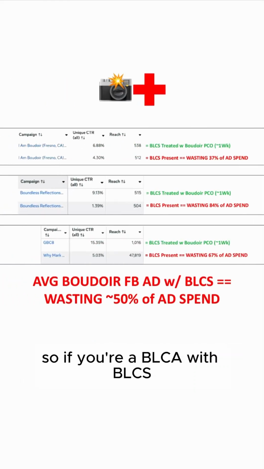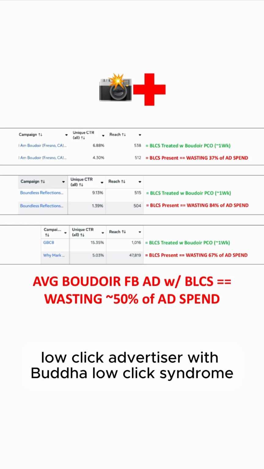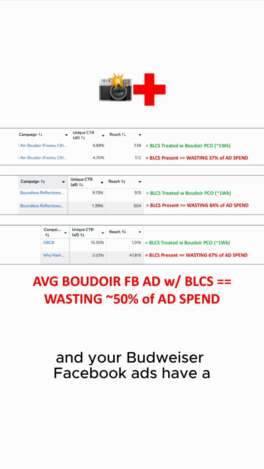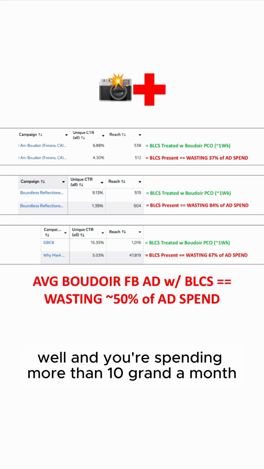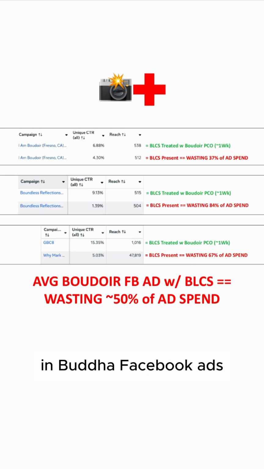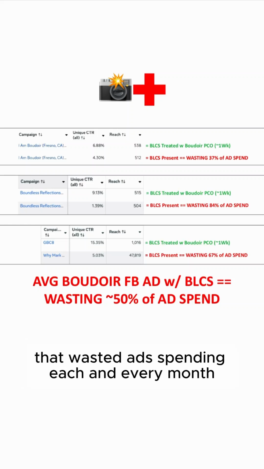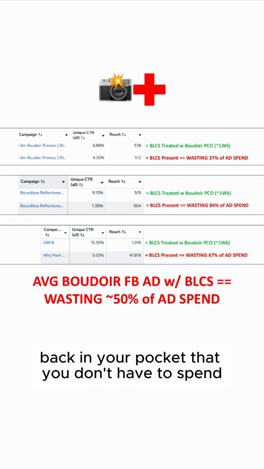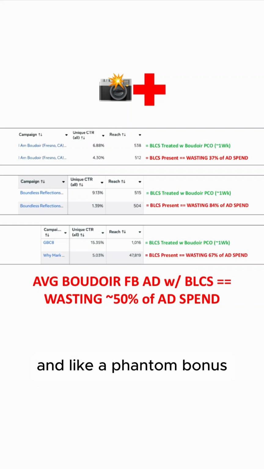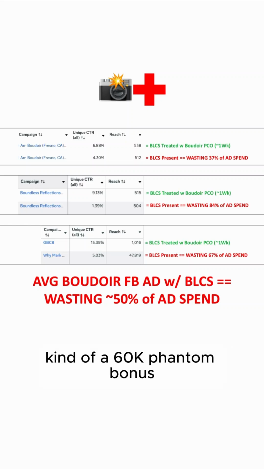So if you're a BLCA with BLCS, so if you're a Boudoir low-click advertiser with Boudoir low-click syndrome, and your Boudoir Facebook ads have a unique CTR under 6%, and you're spending more than 10 grand a month in Boudoir Facebook ads, and you want to eliminate approximately 50% of that wasted ad spend each and every month, put that back in your pocket. So on average, that'd be like 5K every single month back in your pocket that you don't have to spend, like a phantom bonus. And that'd be about 60K over the next 12 months, kind of a 60K phantom bonus.